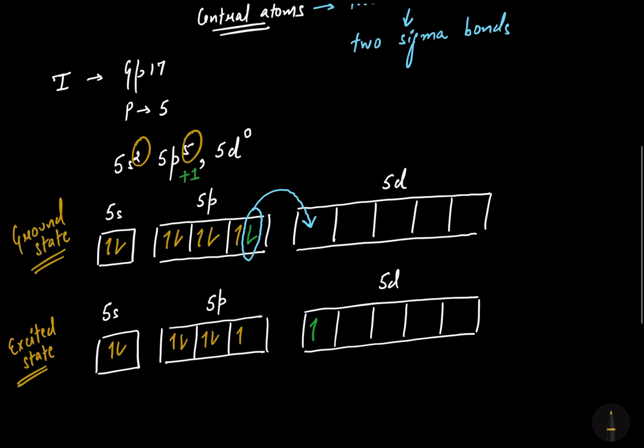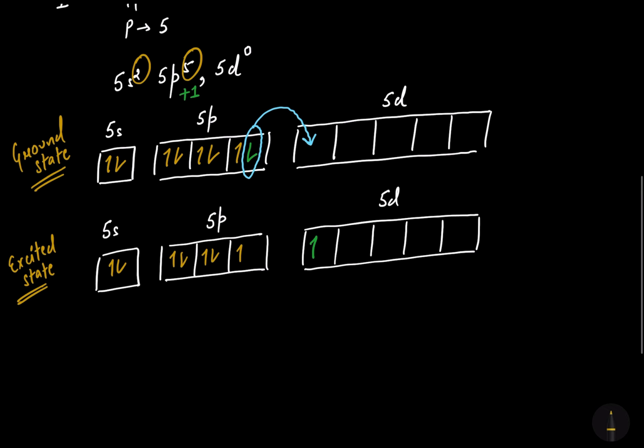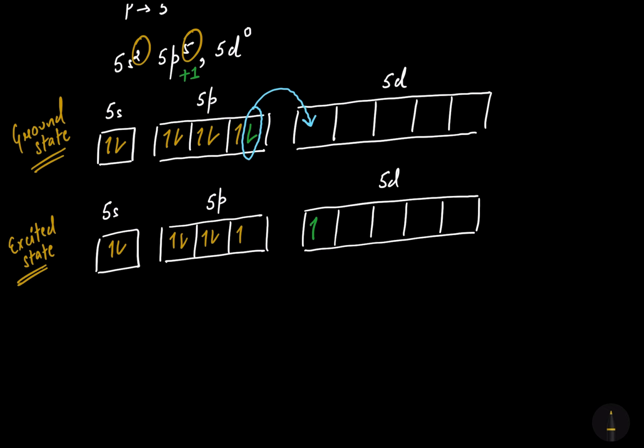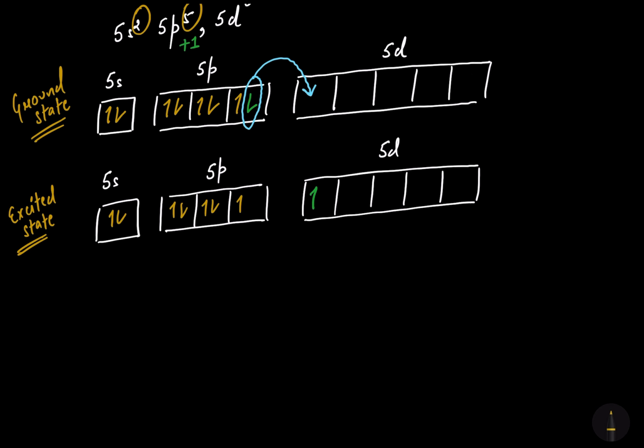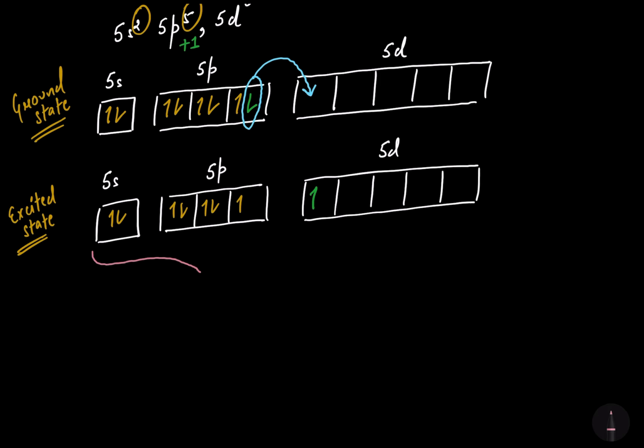Now let's have a look at the Lewis structure again. The bonds that have been formed by the middle iodine with the side iodines are 2 in number. So here intermixing of atomic orbitals will take place, and the atomic orbitals of the fifth shell, which are having electrons, will intermix with each other. So the 1 orbital from 5s, the 3 orbitals from 5p, and 1 orbital from 5d will intermix with each other.